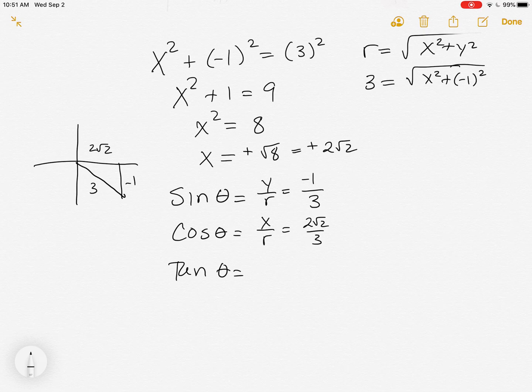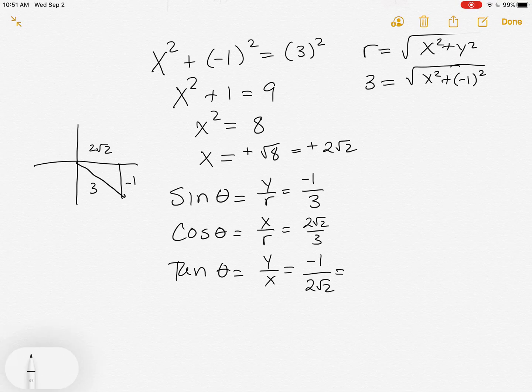So now I can just refer to that picture. Tangent of theta is equal to y over x. How do I know that? Because I took the time to memorize it from the last one. I can also remember that tangent is sine over cosine from this 1.4 section. And remember that it's y over x. And so if it's y over x, what's my y? -1. What's my x? 2 root 2. Obviously you can't leave it like that.